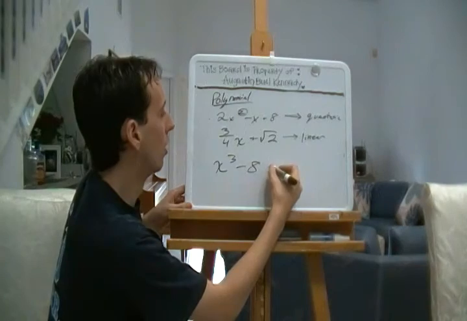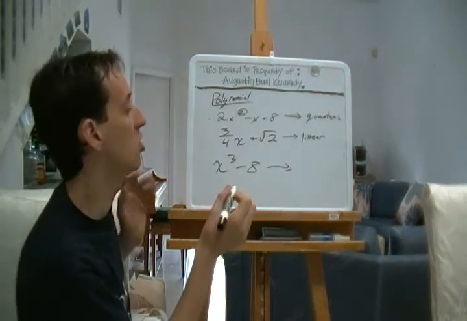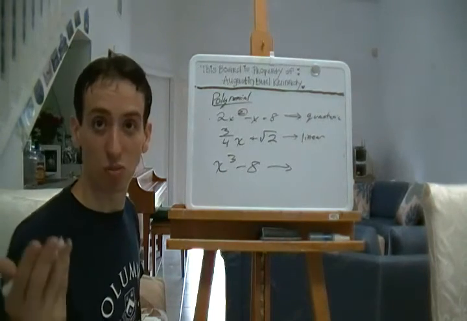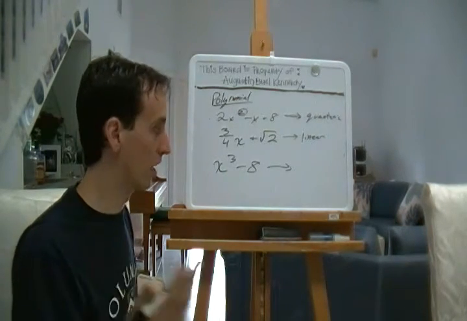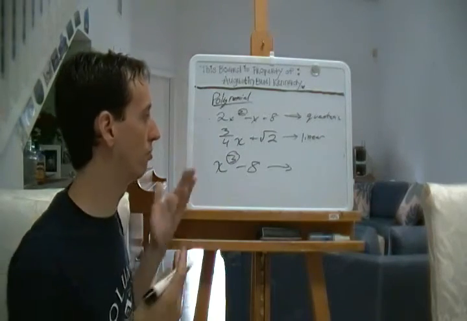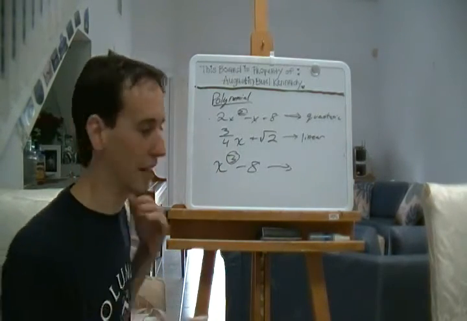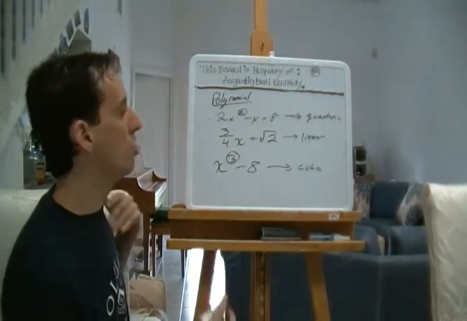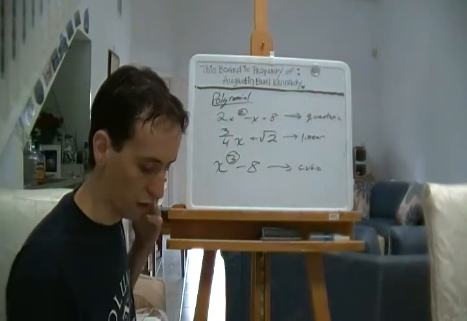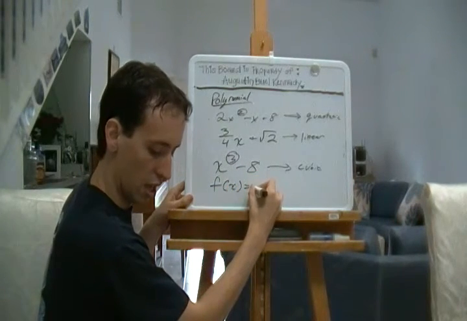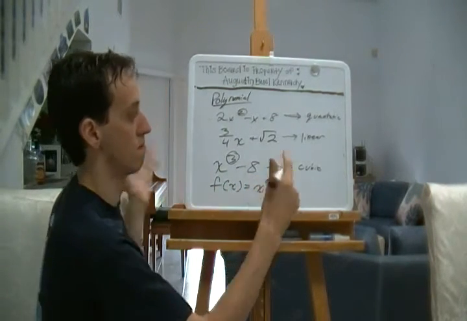And then we can look here, x cubed minus 8. You might guess what's the degree here? That's right, it's degree 3. So we call x cubed minus 8, you might guess, a cubic function. And in general, you can say that any power function is f of x equals x to the n.